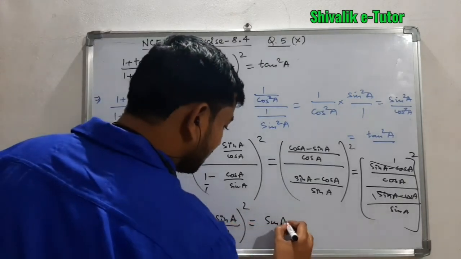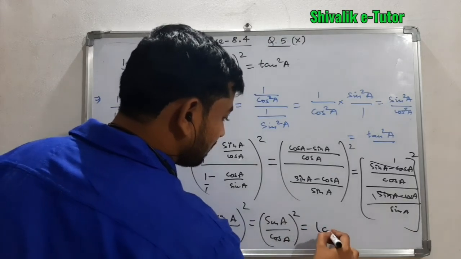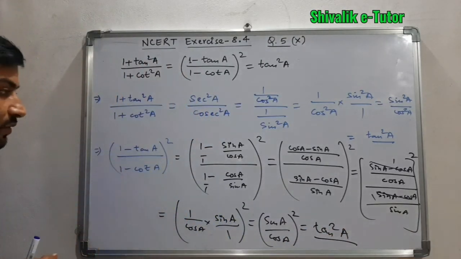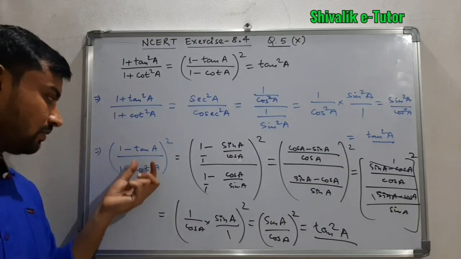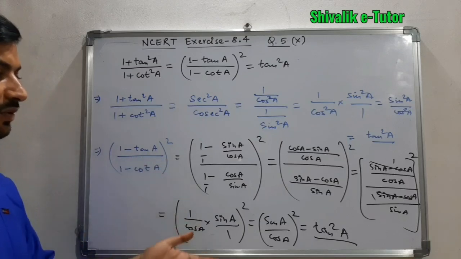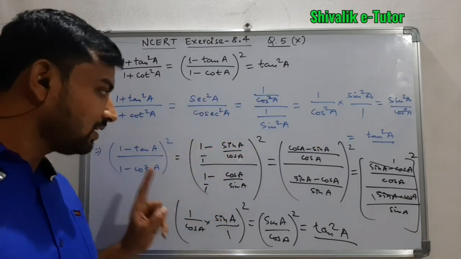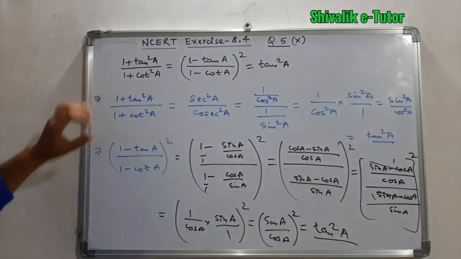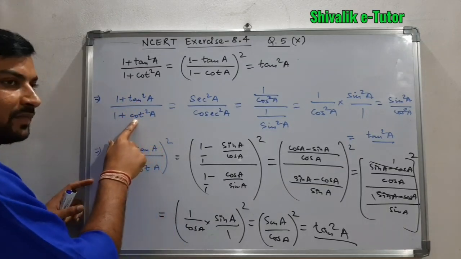So from here we are getting tan A upon cos A whole square, which is nothing but tan square A. So this is the other way to solve the same question, in which the first we have solved by converting this into cot A into tan A, and we got the result tan square A. And the second method is we convert this tan A and cot A into sin cos, then again we have the same result.